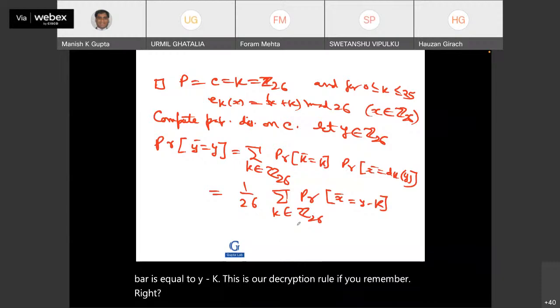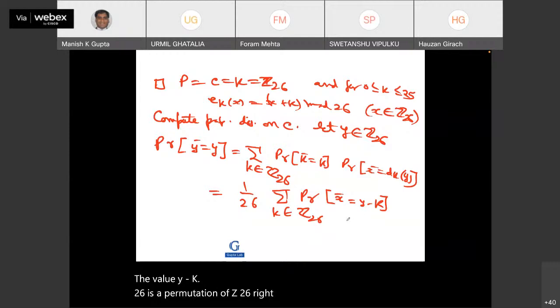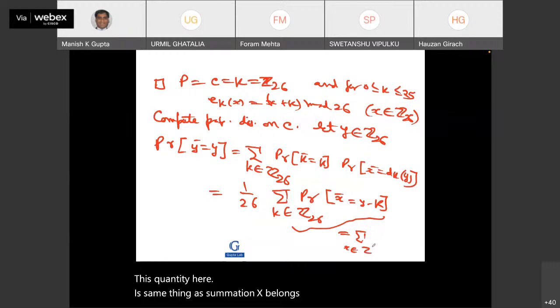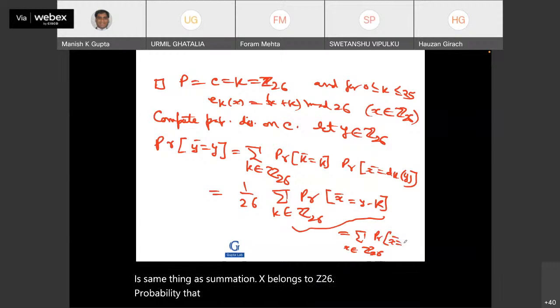Now for fixed y, the value y minus K modulo 26 is a permutation of Z26. So this quantity here is the same thing as the summation over x belonging to Z26 of the probability that X bar is equal to x, and this quantity is 1 anyway.